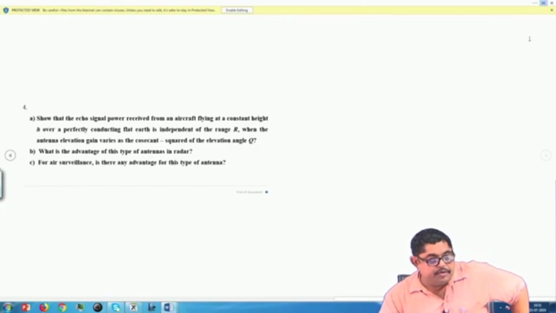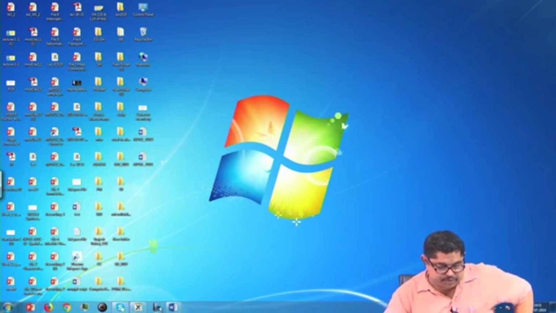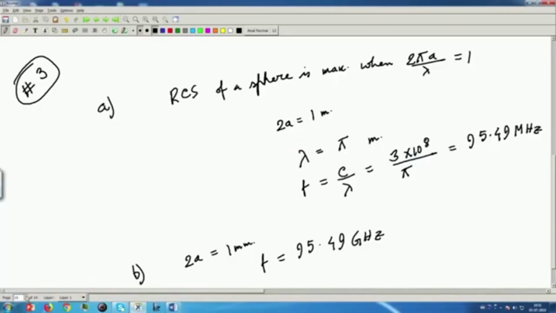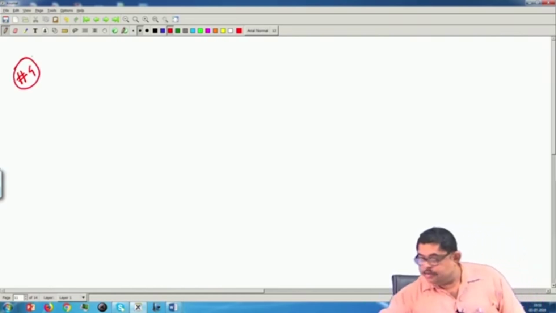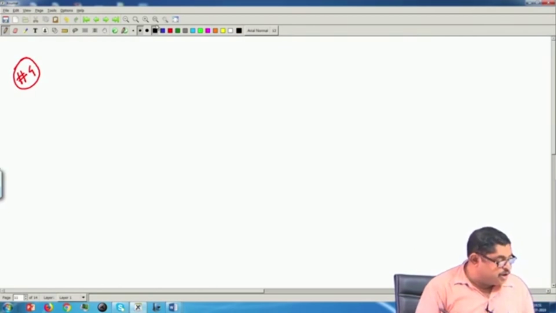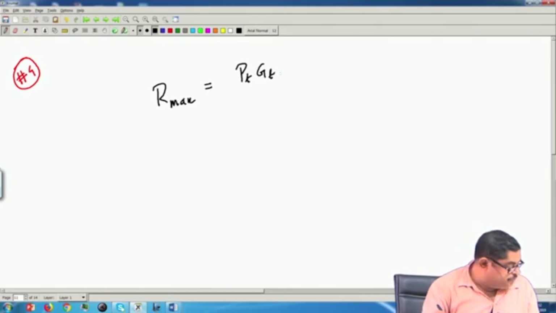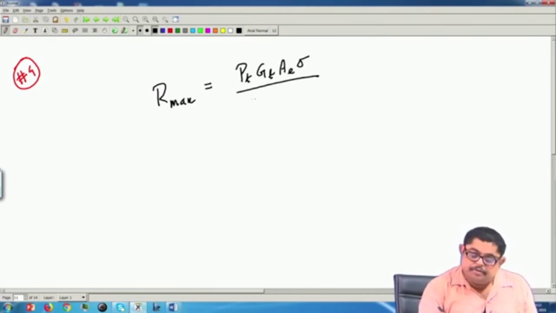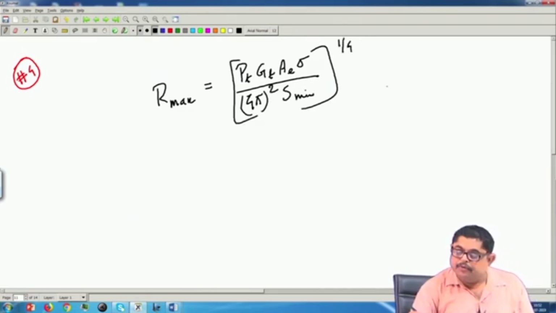So, let me call this 4. You can see in the books the R max, you can write it as PT GT AE sigma by 4 pi whole square S mean whole to the power 1 by 4.